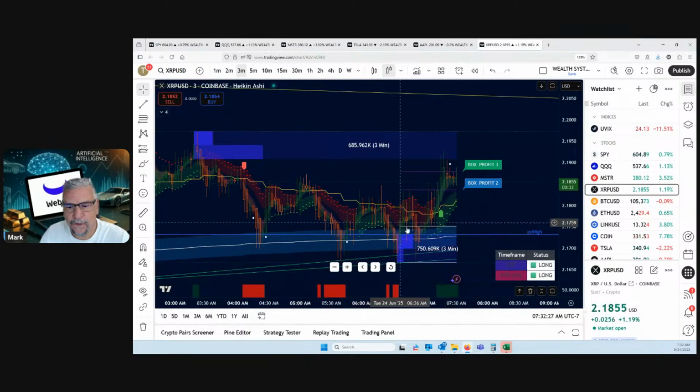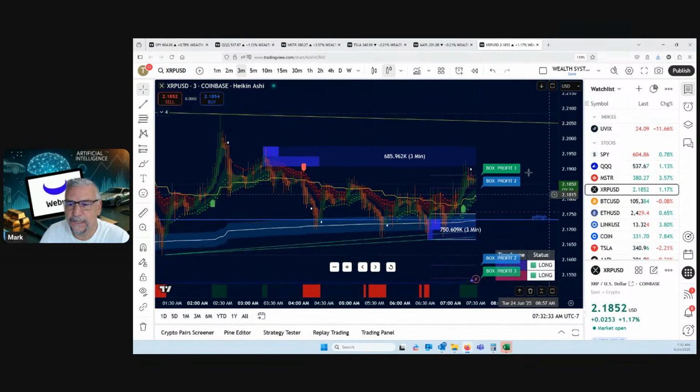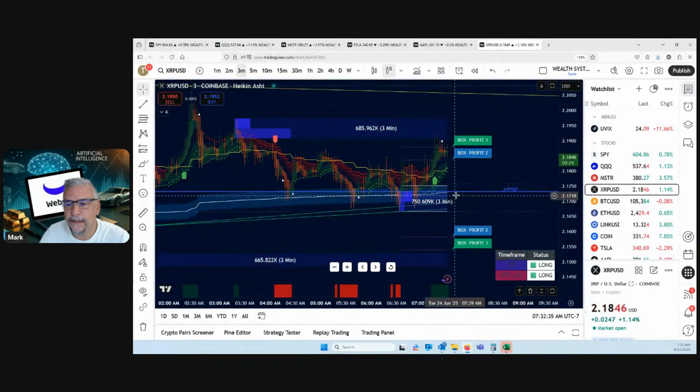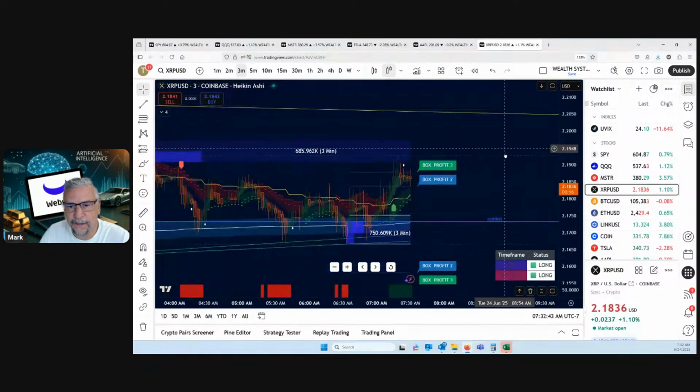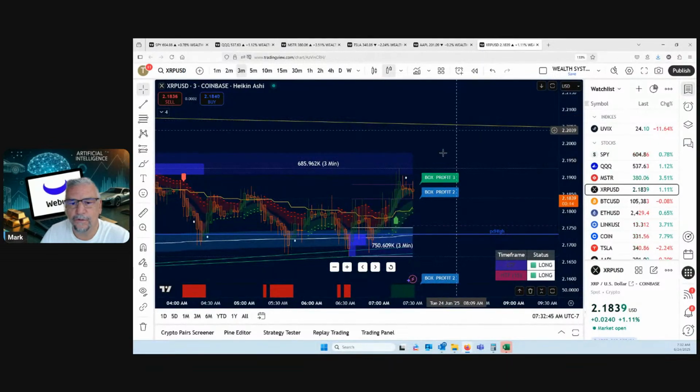XRP, you can see, broke out of the box. You can see the box here. It broke out of the box. Lots of support. I don't see XRP coming back to the 217 at this time. I would suggest here that we're going to go up to the 220 level.